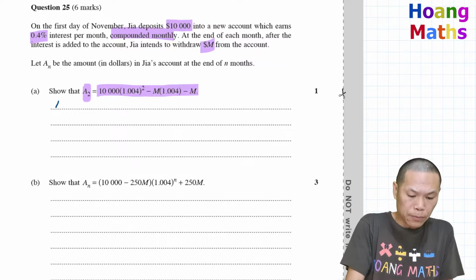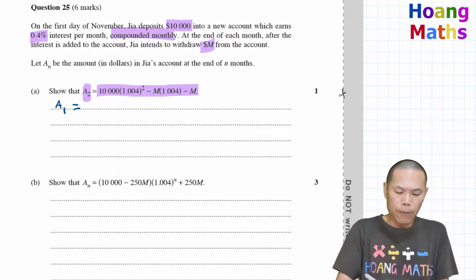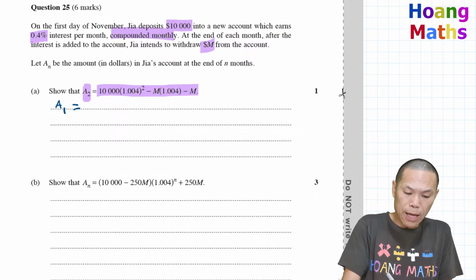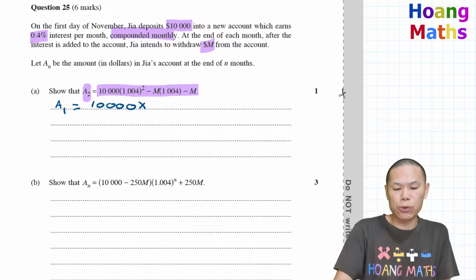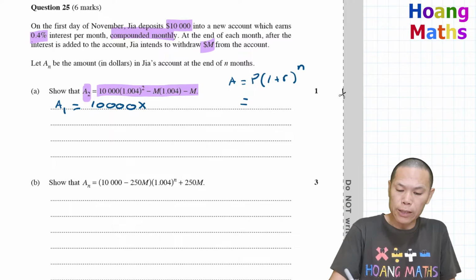And A1 is at the end of the month. So that means at the end of the month, his balance will be like this. So we have $10,000 with the interest on top. So I use A = P(1 + R)^n, and R is 0.4%. So let me just write this down here.